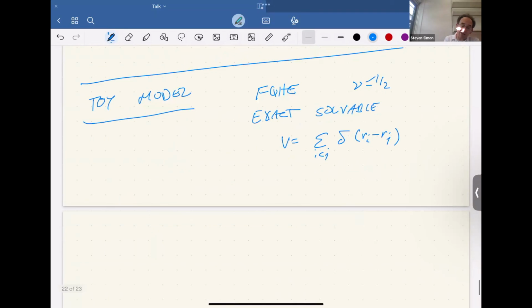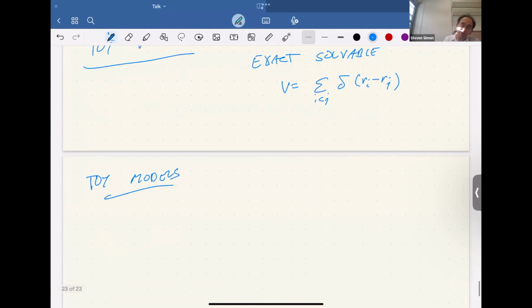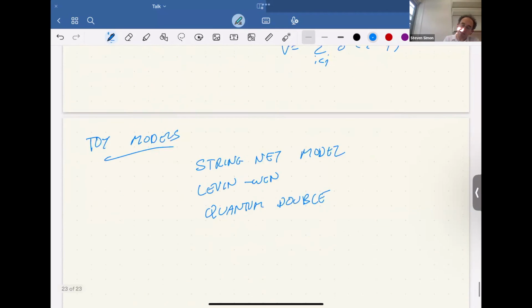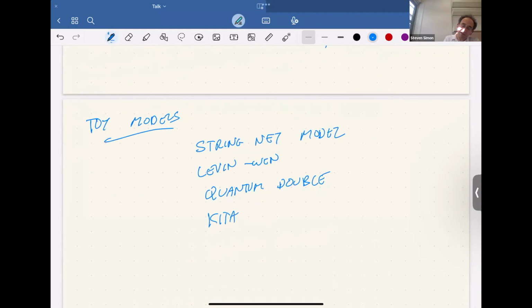There's other toy models for anyons. One that's very, very popular is known as string-net models, or Levin-Wen models, or quantum double models. Another set is the Kitaev quantum double model. There's also the so-called Kitaev honeycomb model.